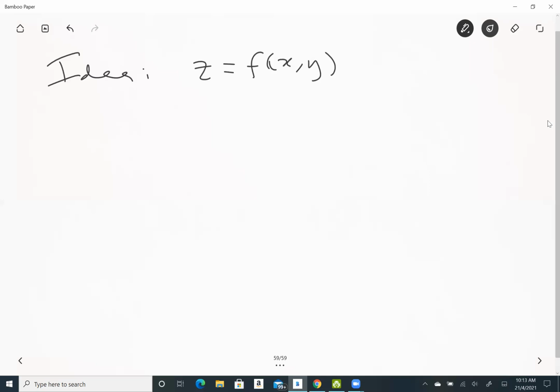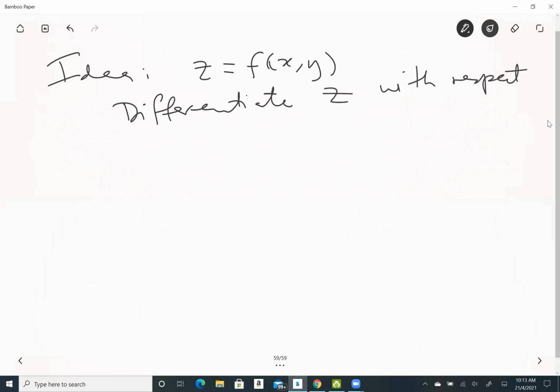If I differentiate z, the dependent variable, with respect to x, because we differentiate only with respect to one independent variable, what do we do to y?